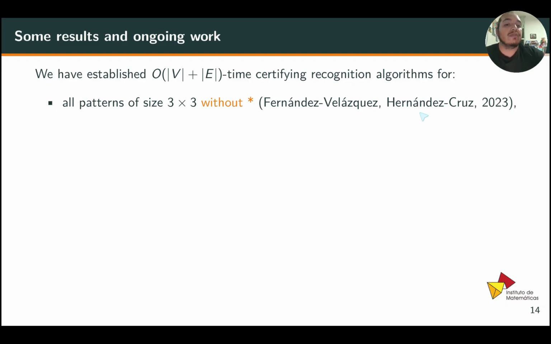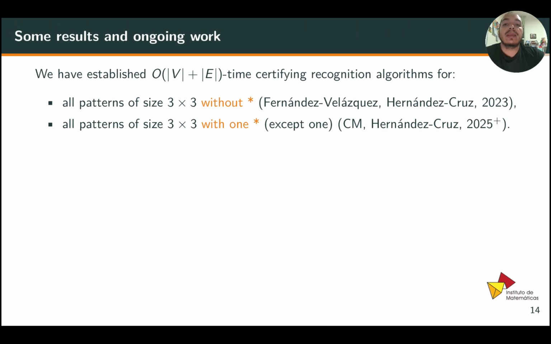This is a result of César Hernández Cruz with one of his students, Genaro Fernández Velázquez, and also, a result of César and me is that also for all pairs of size 3 times 3 having 1 1 except one pattern, all of them admit also this kind of certifying recognition algorithms in linear time.